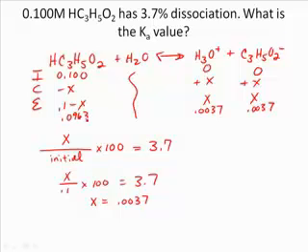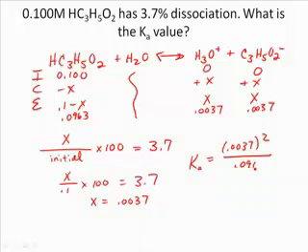And then to find my Ka, I get 0.0037 squared divided by 0.0963. That's going to be 1.42 times 10 to the minus 4.